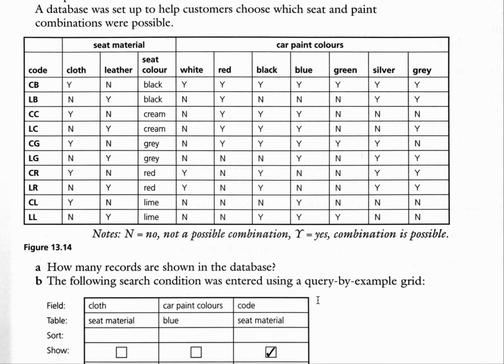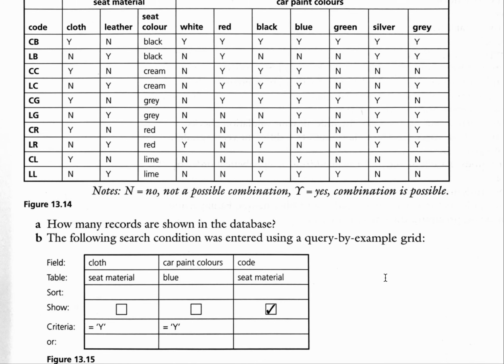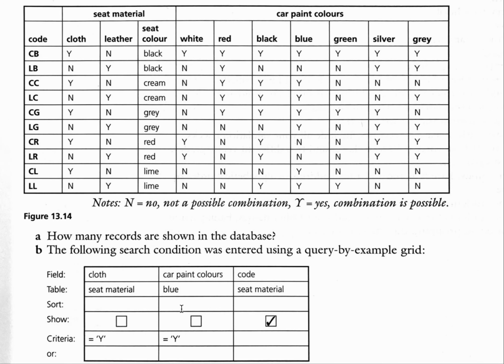The following search condition was entered using a query by example grid. This is the grid they're talking about, and the items indicate a search for something according to whatever they're looking for in the fields. They're conducting a search.